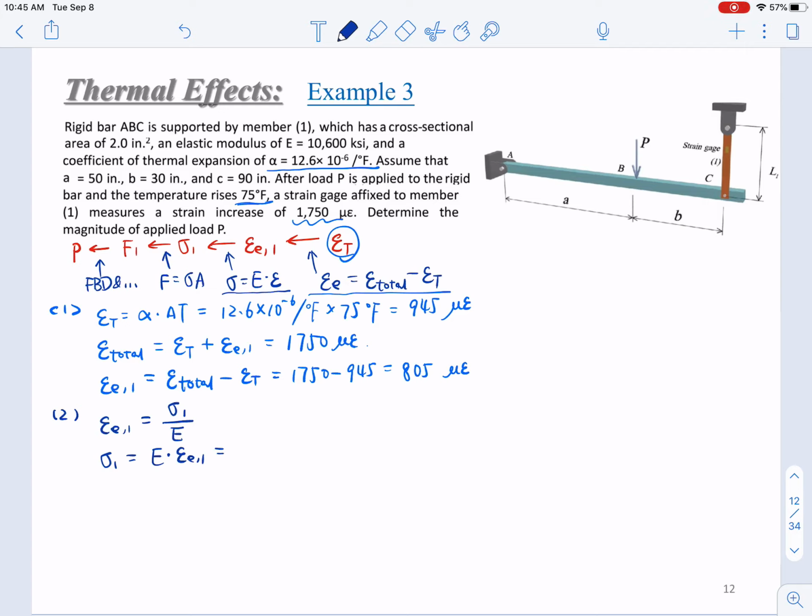The E is there, 10,600 KSI times 805 microstrain. So this will be 8.533 KSI.